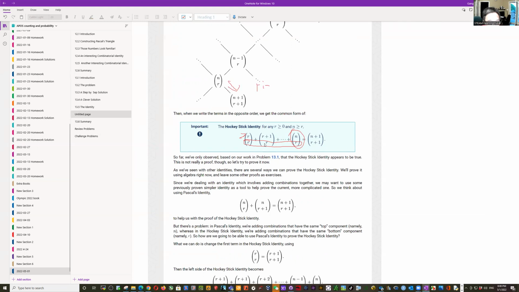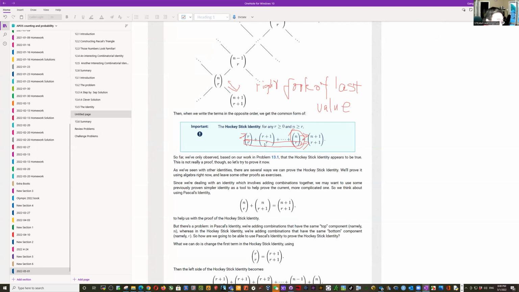The right fork is going to add a layer, so the layer adds 1, and the lower number adds 1. Basically both add 1.